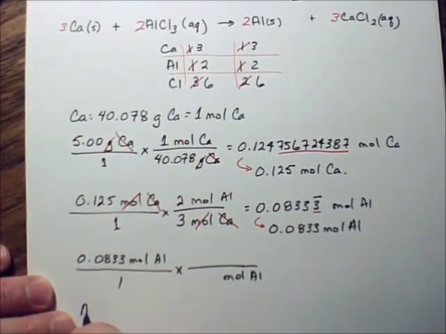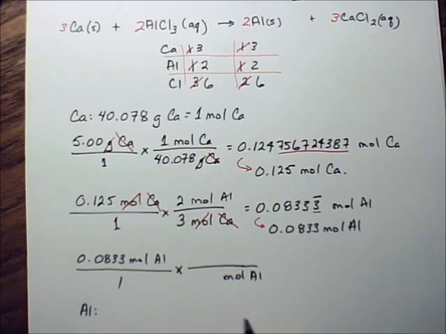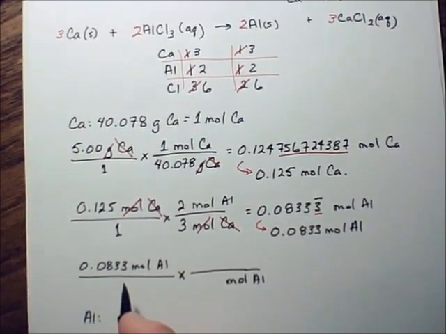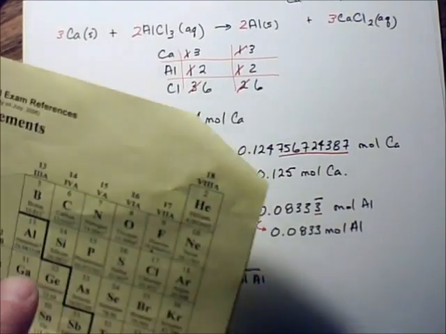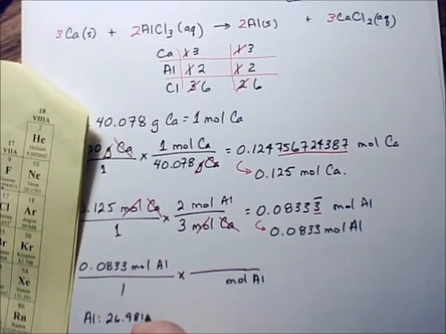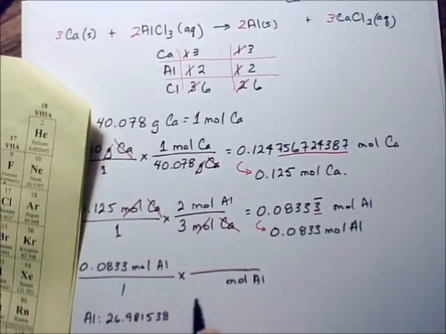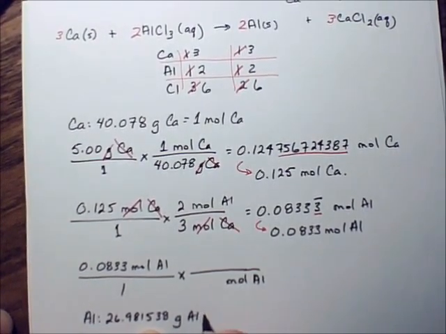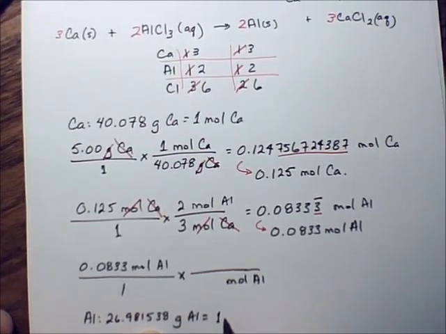So for aluminum, there's only one element here. There's not a lot of math to do here. We just look up the atomic mass of aluminum. Okay. And since I've only got one thing there, that's the grams of aluminum that equals 1 mole of aluminum.